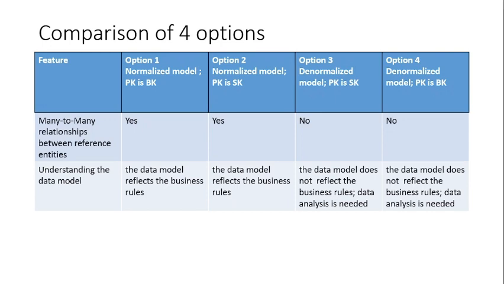Coming to understanding the data model, option 1 and option 2 reflect the business rules. The data model clearly specifies which one is the child entity, which one is the parent entity, what are the data types, what is the data length. So all this is clearly visible in the data model. For option 3 and option 4, the data model does not reflect the business rules. Data analysis is needed.